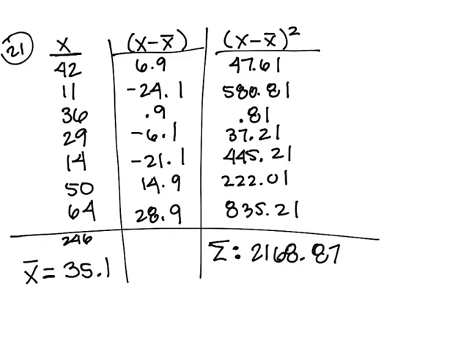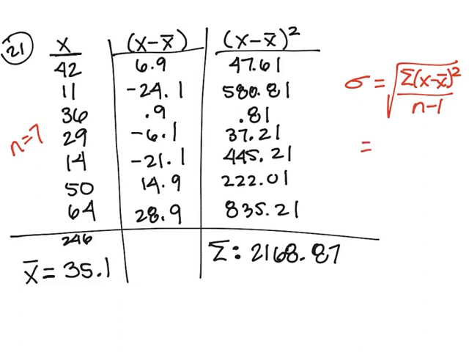And so our formula says that we're going to take that sum and divide it by one number less than n, okay? So there's a total of 7 different numbers.